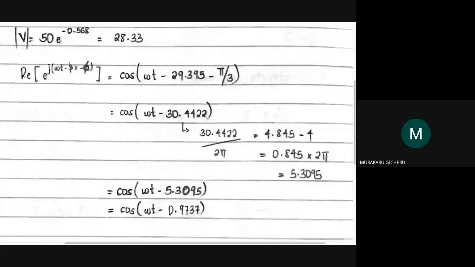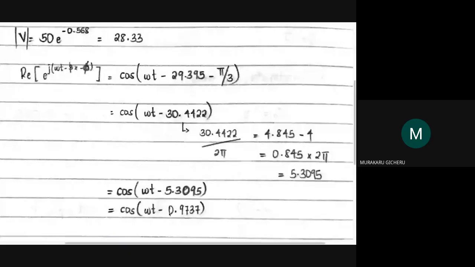So if I run around this field up to a point, I cover 5.3095 radians, but I'm moving in the negative direction. So it's like I've gone minus 5.3095 radians.